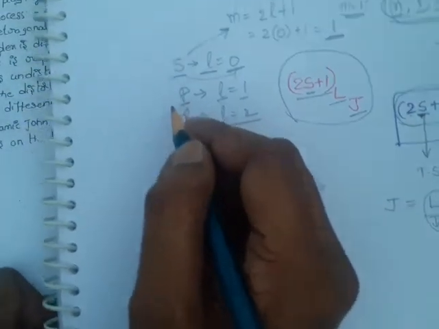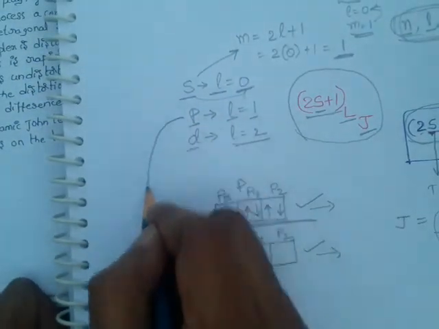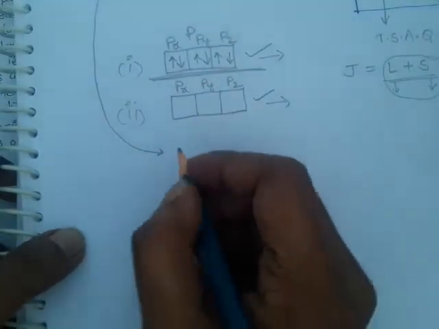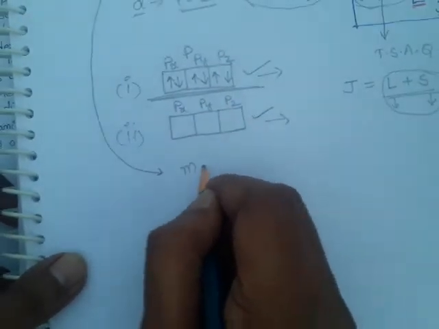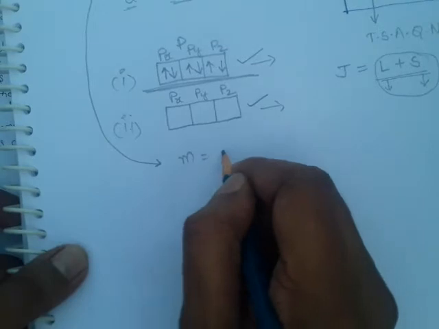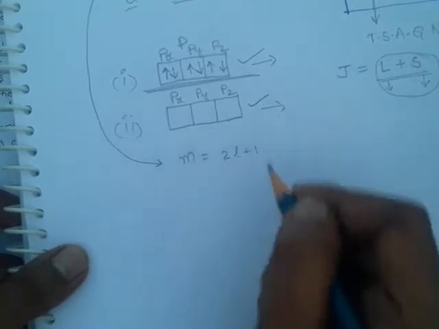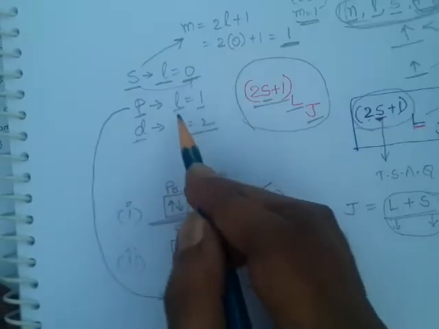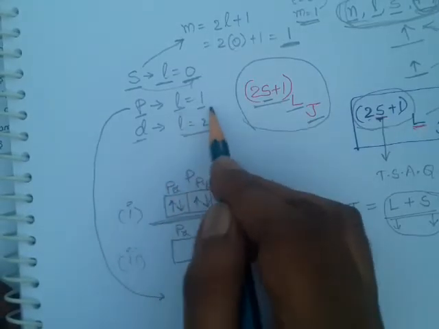For p orbital, m values how much? The formula is 2L plus 1. For p orbital, what is the L value? L is 1.